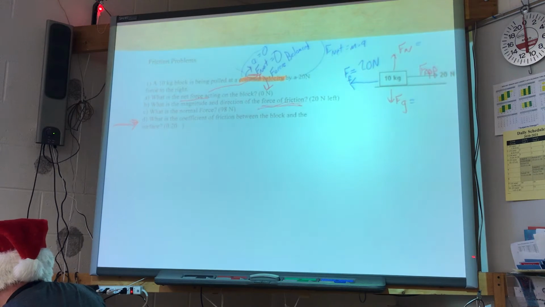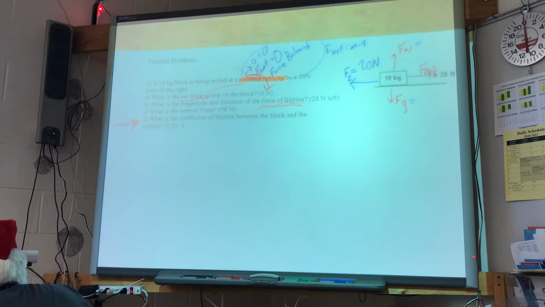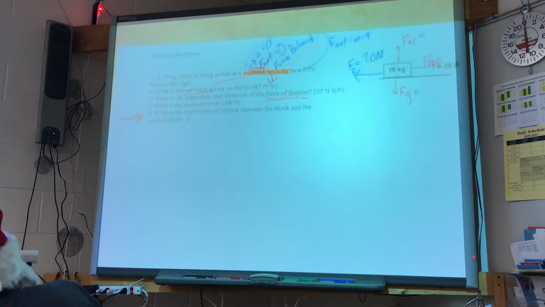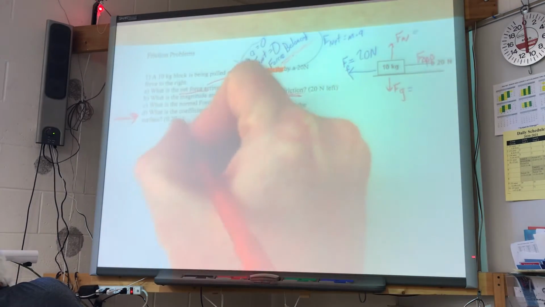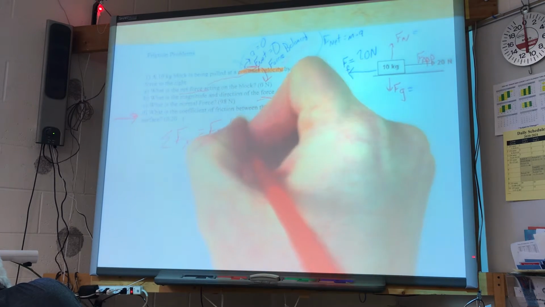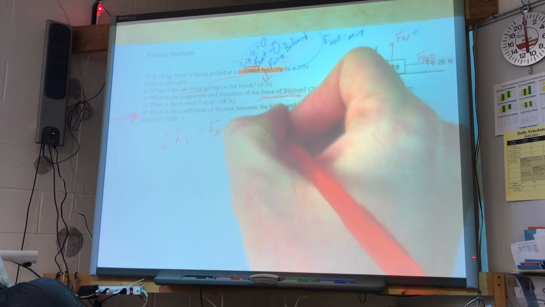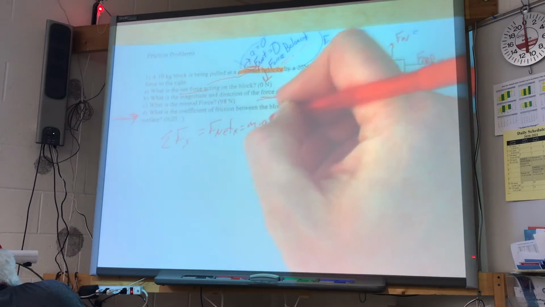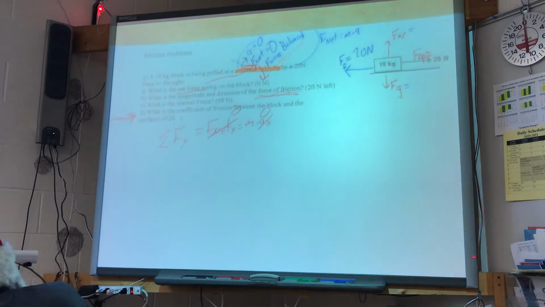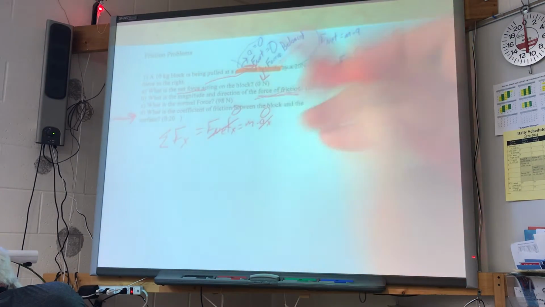For part B, we really don't need to do a calculation either if you understand what balanced forces are. What it is saying is the sum of all my forces in the x direction is equal to F net in the x direction, which is equal to mass times acceleration in the x direction, and both of those are 0. F net was 0, acceleration was 0.